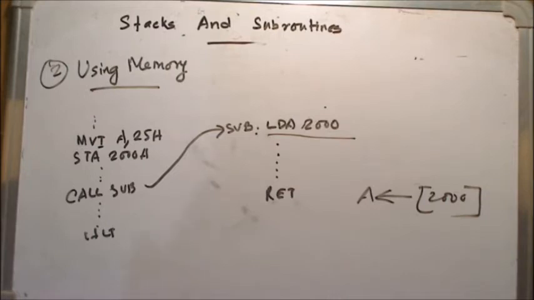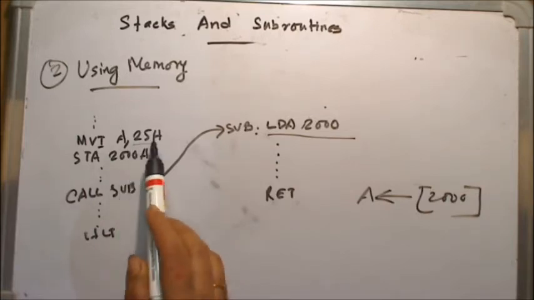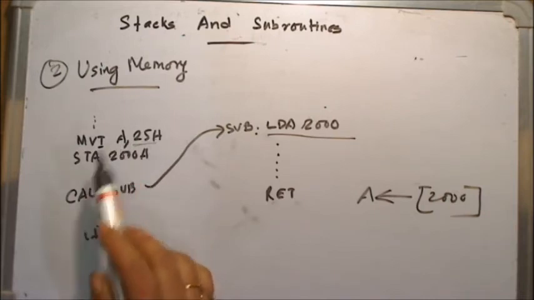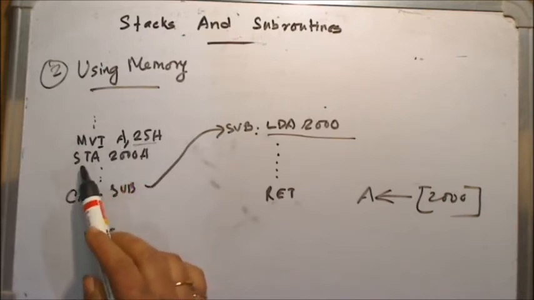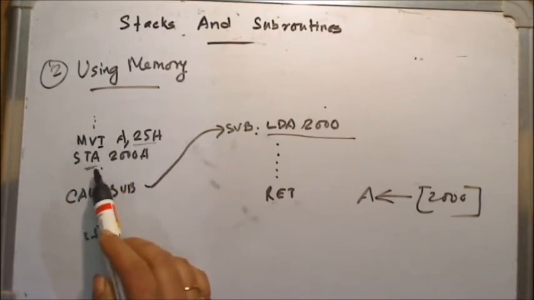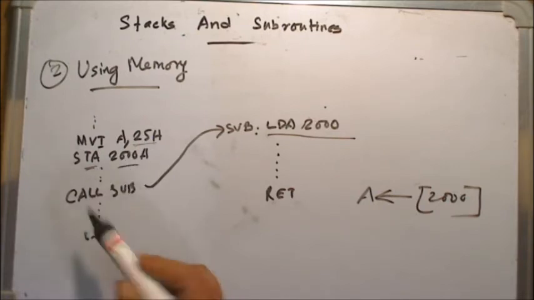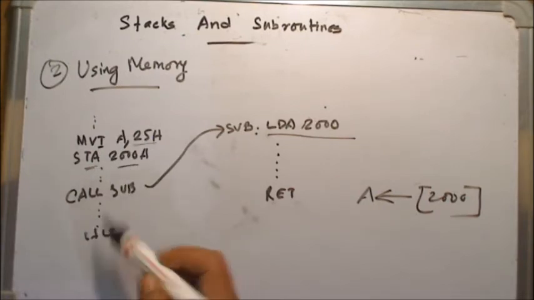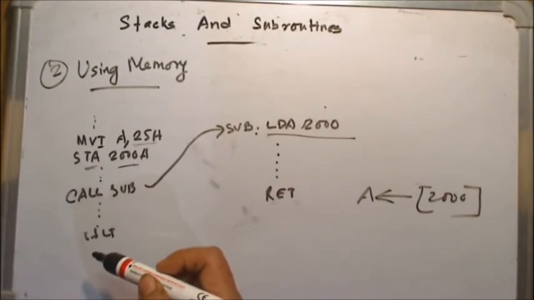Now see, in example 2, your parameter is 25H. Understood? You passed your parameter using memory location 2000H. What you have done: first of all, you put your value 25H into register A, and then you put the value of the accumulator in memory location 2000. Okay, so that A becomes free.